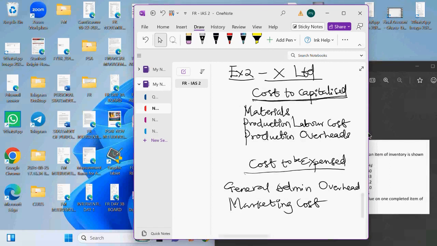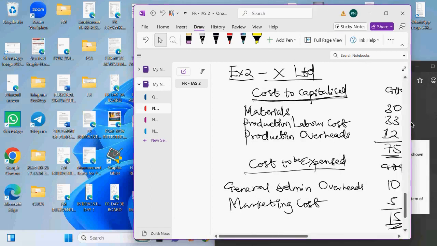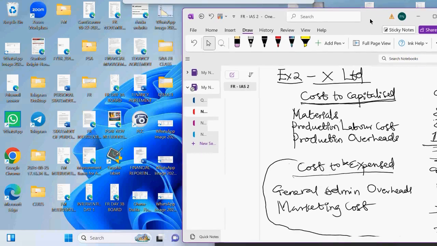Therefore, the amount to be capitalized is this 75. Yes, but what will you do with the rest? If you have moved further to tell the examiner that you have to expense this, and you show it, I don't think it should be a problem.